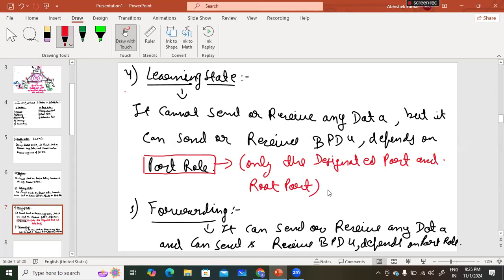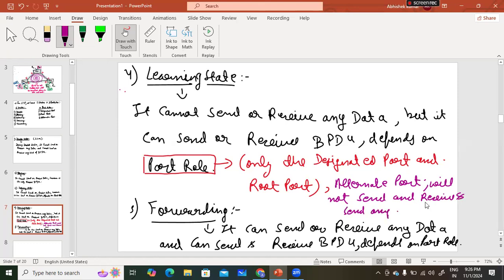But the alternate port will not send and receive any data.